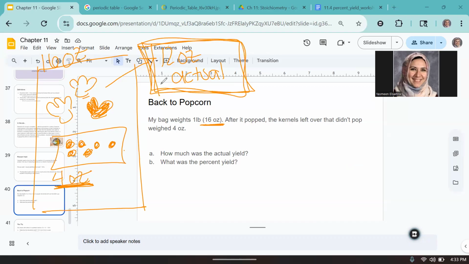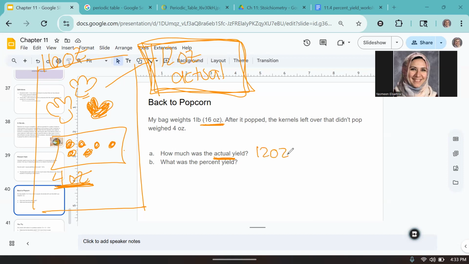So let's look at the questions here, and then we're going to tie this back to the chemistry. But it's good to see a very simplified version so you understand exactly what you're doing with the more complicated chemistry questions. So part A in this question is how much was the actual yield? We already solved that. So the actual yield, how much actual popcorn did I have?